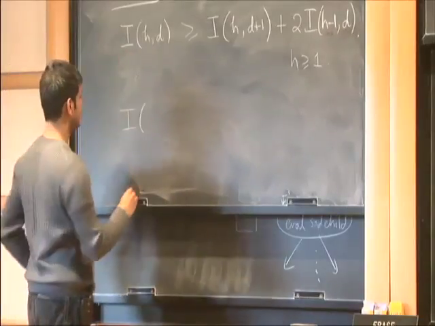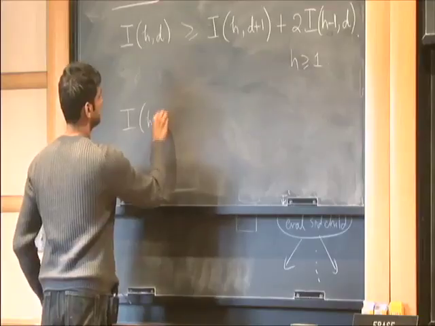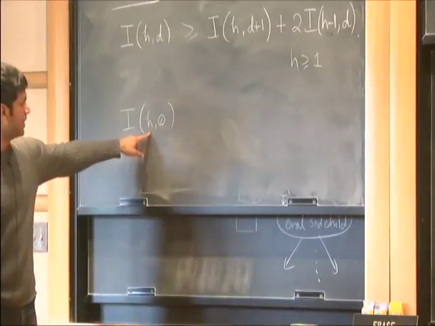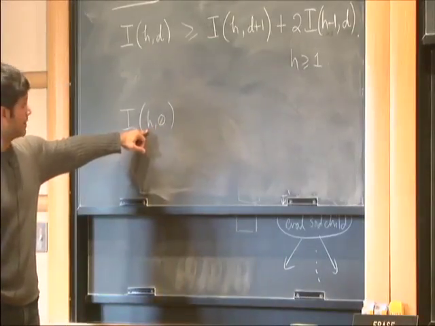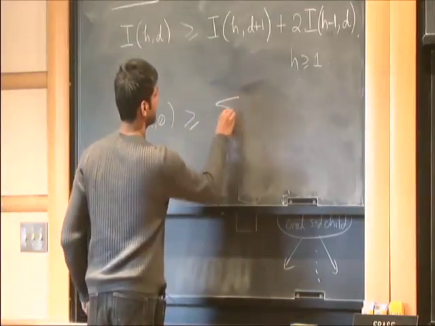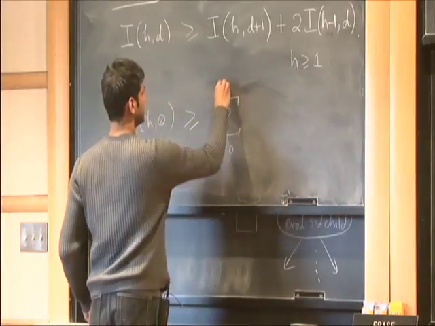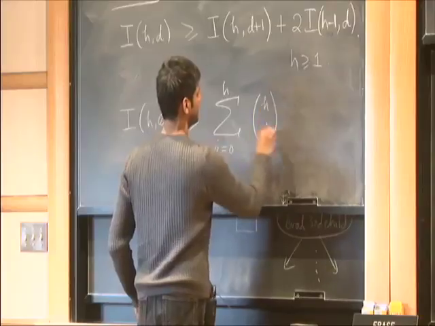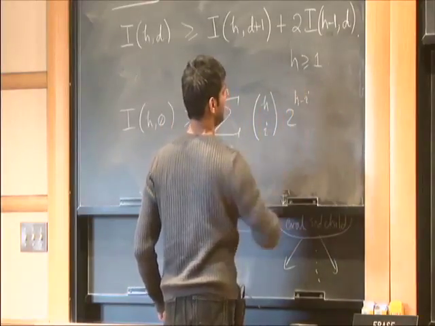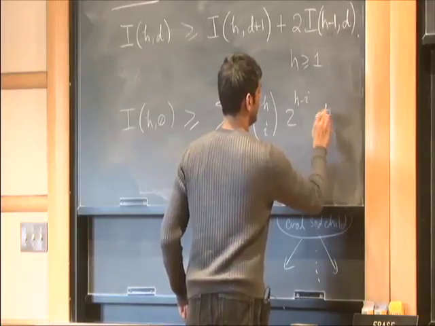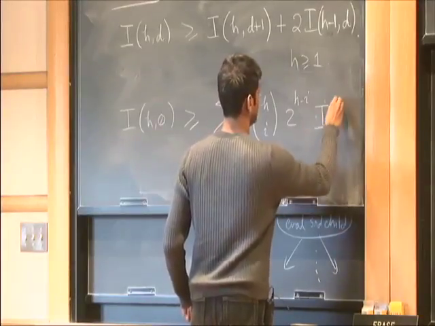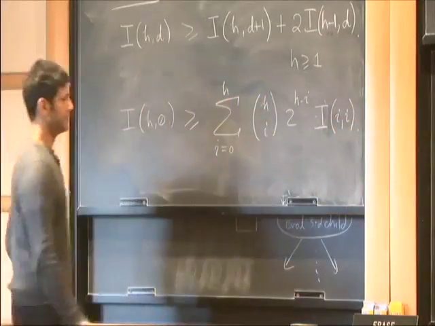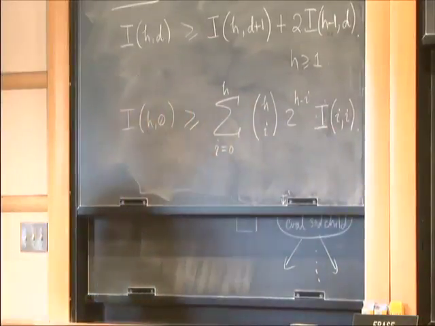If you actually see it through, what you get is that the quantity in which we are interested, which is the number of queries that you make under the root for a height h tree, is at least the summation i going from 0 to h of h choose i times 2 to the h minus i times, this is not a very prudent choice of variables, but anyway, capital I of i.